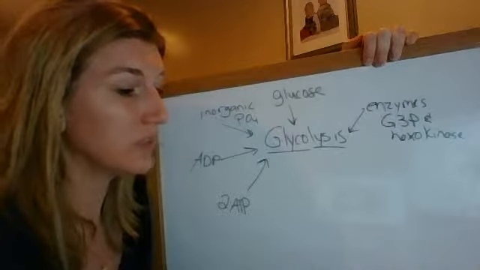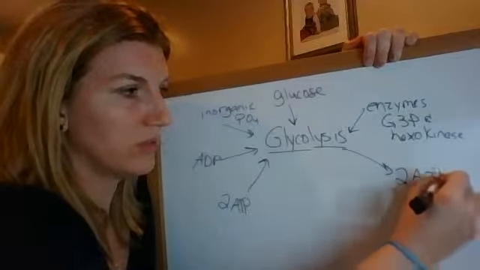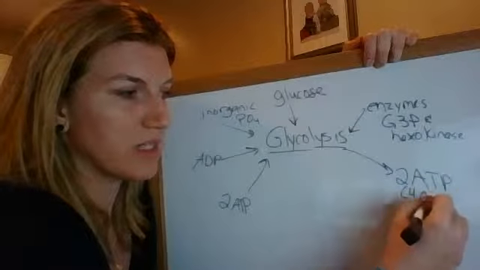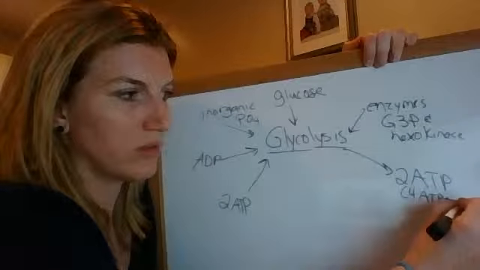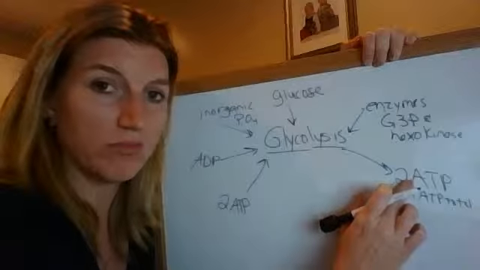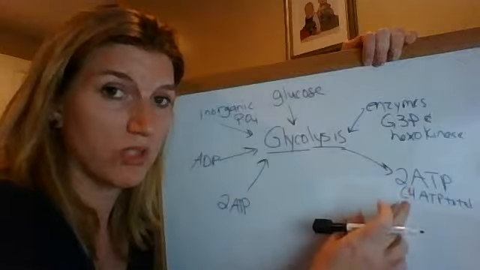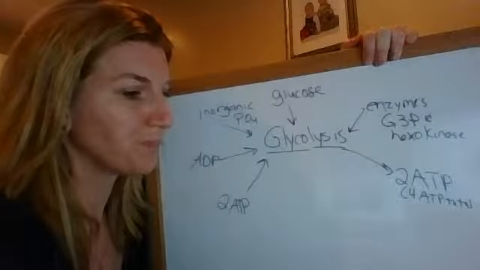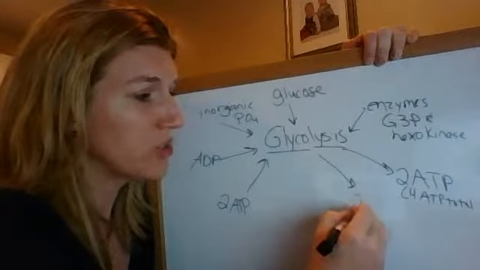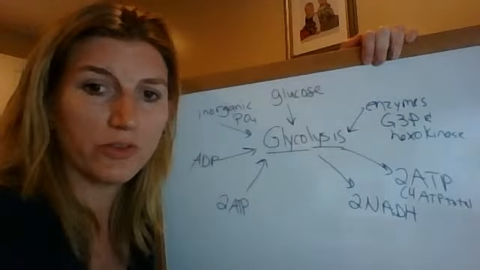It's going to yield 2 ATP as well. So it actually makes 4 ATP total. But because it uses 2 ATP, it's only yielding 2. Does that make sense? It's creating 4, but it's using 2, so it's only a net of 2. It's also going to yield 2 NADH molecules.